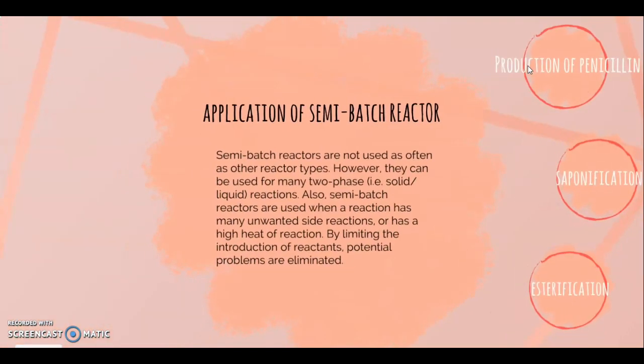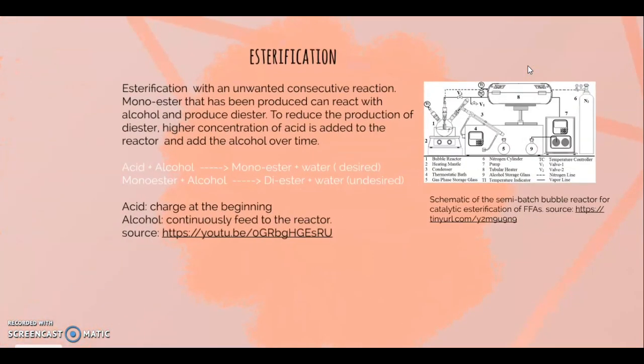Next is esterification. Esterification occurs when carboxylic acid reacts with alcohol. Esterification has an unwanted consecutive reaction. In esterification, monoester will be produced. Monoester that has been produced can react with the alcohol and produce diester.